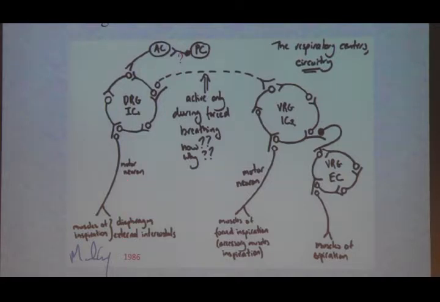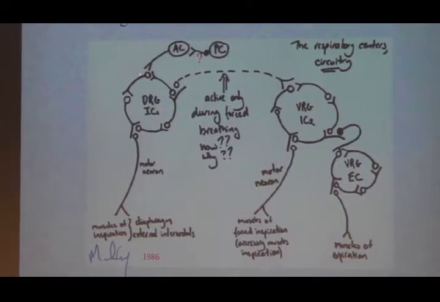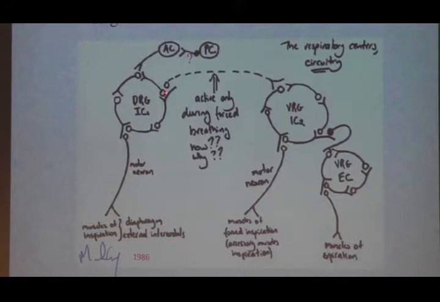Now, we can explain changes in depth in the following way. The greater the frequency of action potentials traveling through these neurons, the greater the amount of neurotransmitter released at these endings at the synapses with the motor neurons.